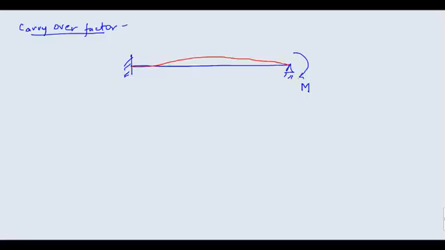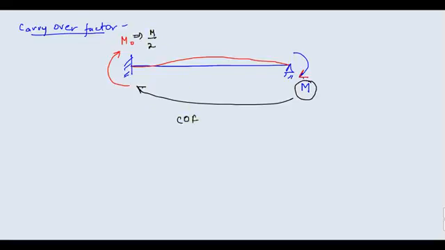Because of this moment M here, as a result you will have some moment here also. So this moment here is say M₀. The carryover factor means what proportion of this M is transferred in the form of moment at your fixed end. So this M₀ is given by M/2. So your carryover factor is equal to 1/2.